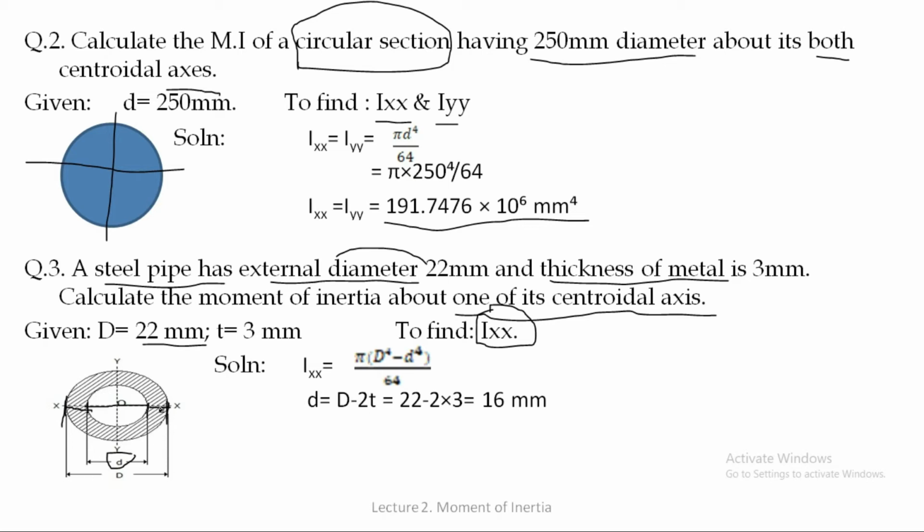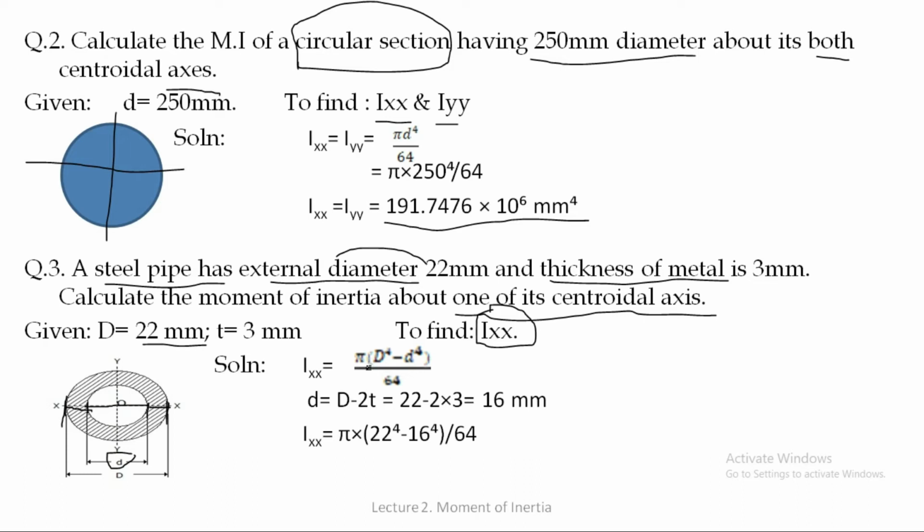Why 2t? This t, one thickness, this t, second thickness. So 2 times thickness is subtracted from the outer diameter. So outer diameter is 22, thickness is 3. So 22 minus 2 into 3, we will get inner diameter as 16 mm. Now we can use the formula.